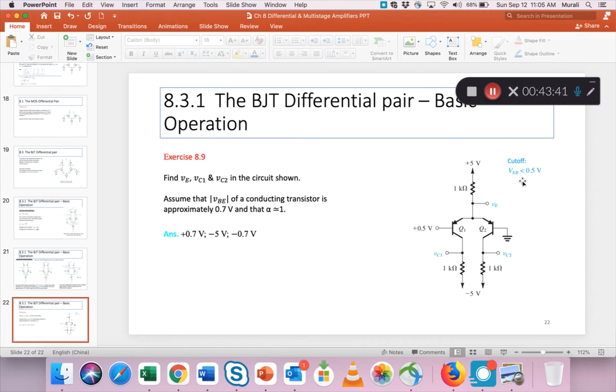Now, cutoff means VEB less than 0.5, right? Now this is already 0.5. So as you increase the voltage here, until you get to, let's say, 1 volt here, this Q1 will be cut off, because E to B will be less than 0.5. But once you go to, let's say, 0.7 here, this is already conducting.